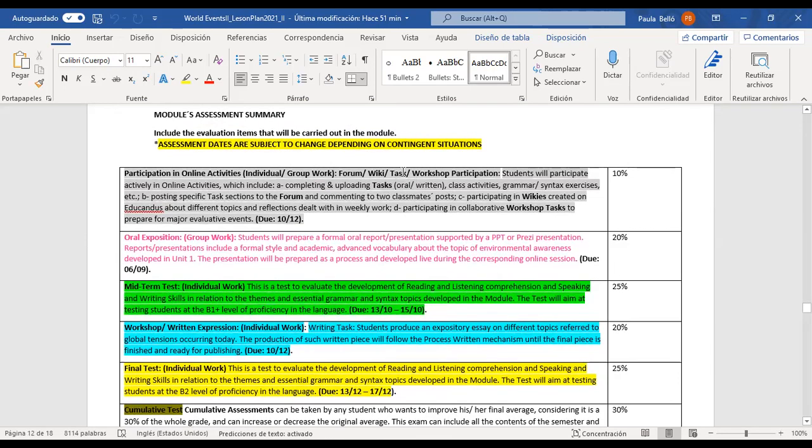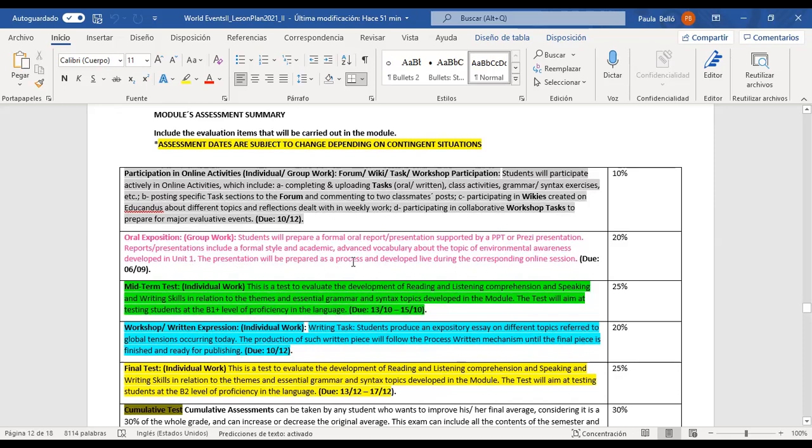So this is your participation along the semester. Each week, a task, a wiki, a forum, a workshop, yes? And that will be evaluated by the end of the semester. Then you will have the oral exposition, which will be evaluated at the end of unit 1. It will be a presentation prepared as a process.